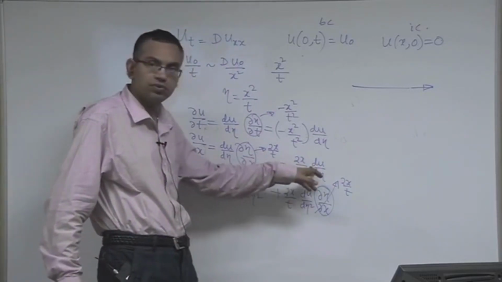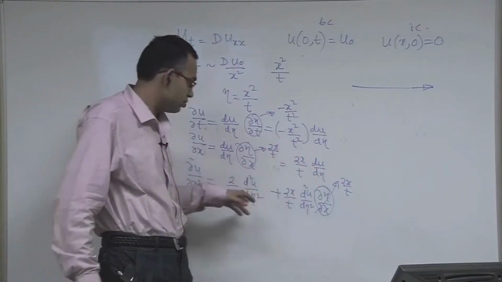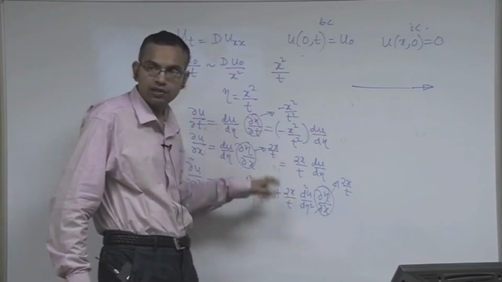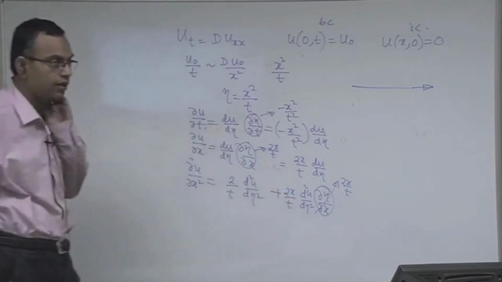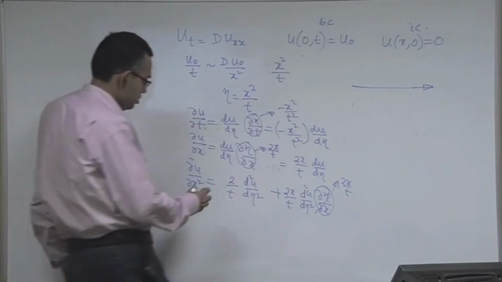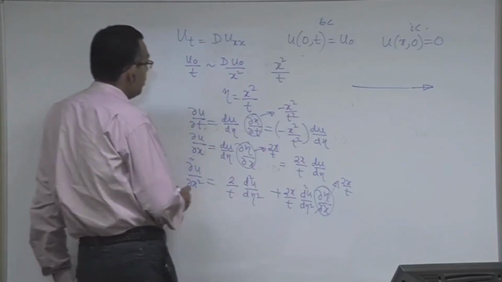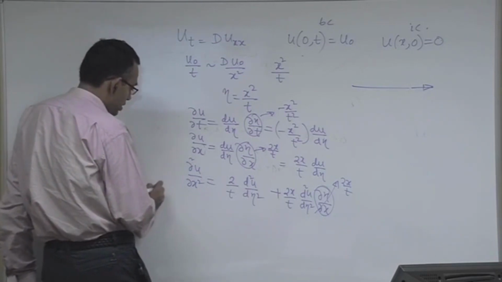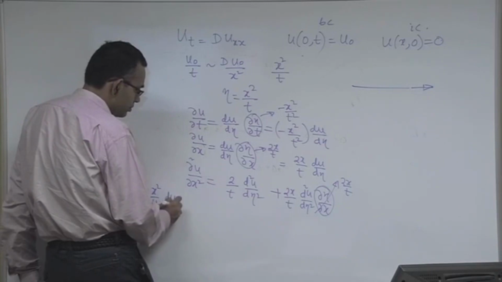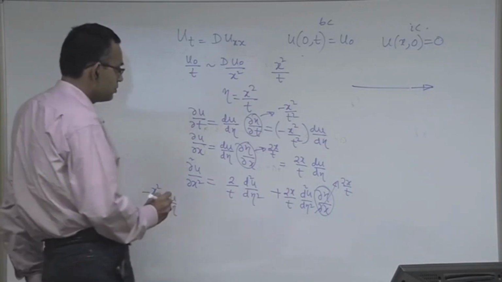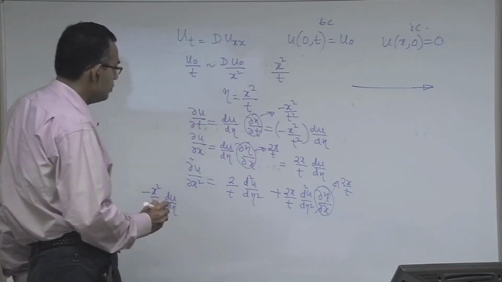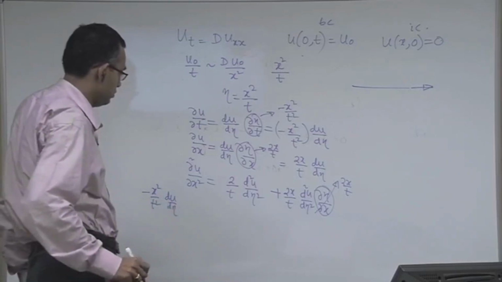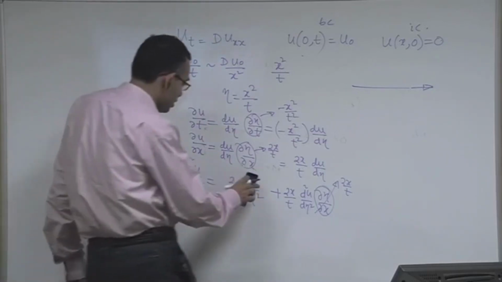This is a product of two functions, so we have used the product rule for differentiation. So you have del u del t, that is minus x square by t square du d eta. Sorry, this is du d eta, right.